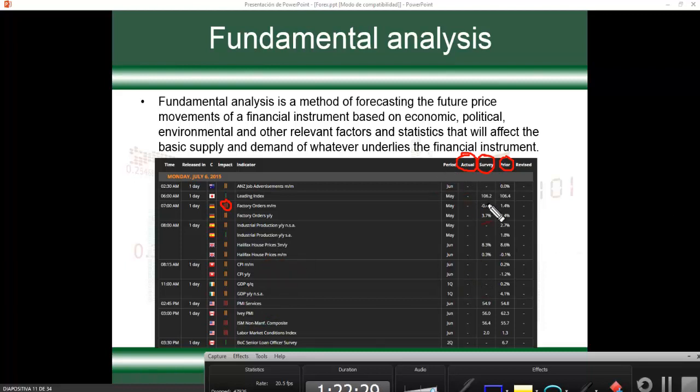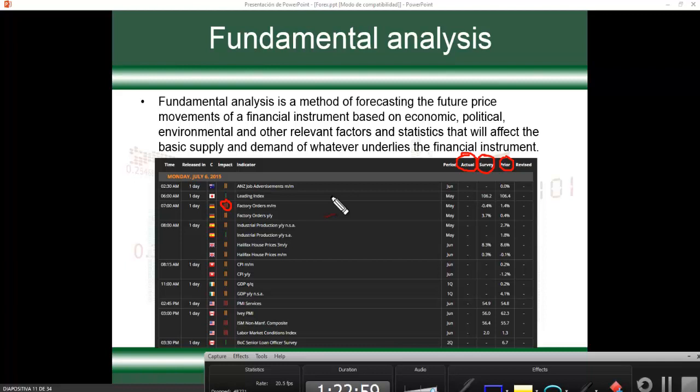They only look at the previous years and average how much it moved, and come to a consensus and say, we think this is what the indicator is going to come out at. And if it's higher or better than that forecast, then it's good for that currency, and if it's worse, it's bad for the currency.